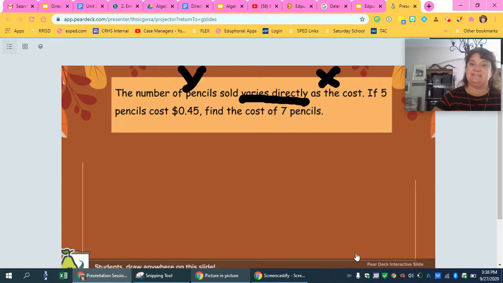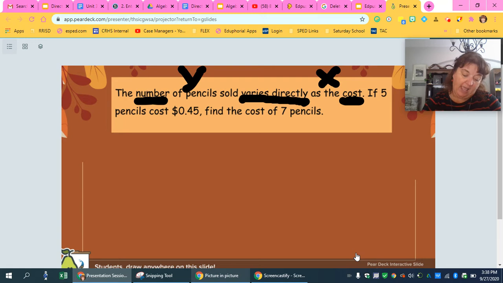What we're saying is the cost determines the number of pencils. If the cost goes up, the number of pencils goes up. If the cost goes down, the number of pencils goes down, okay? So the x is the cost in this one, and the y is the number of pencils.